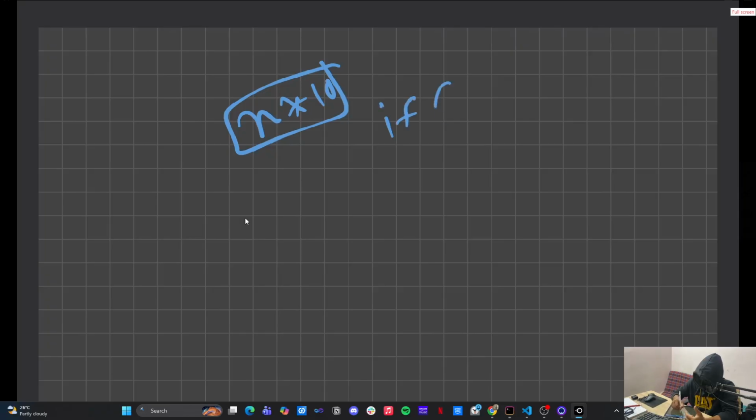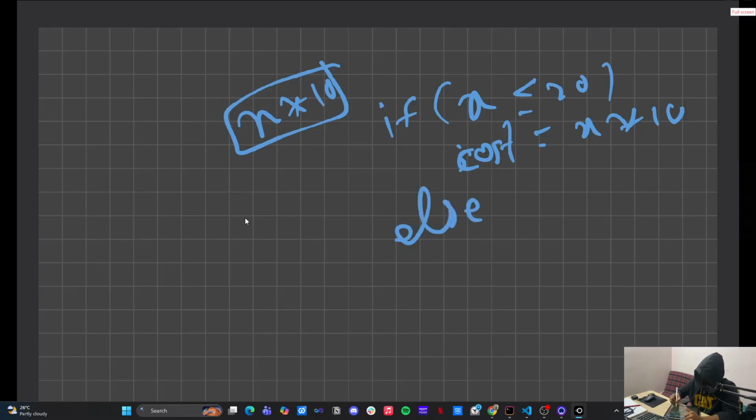The pseudo code would be: if the score is lesser than or equal to 20, which means he was in the first phase only, then the cost would be x into 10.